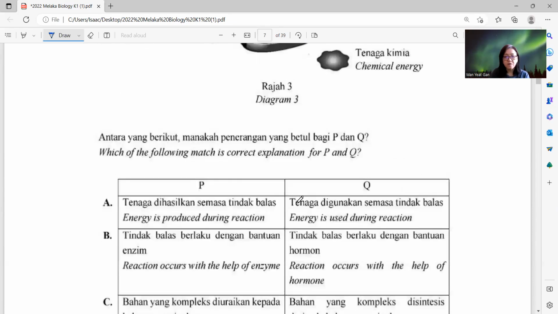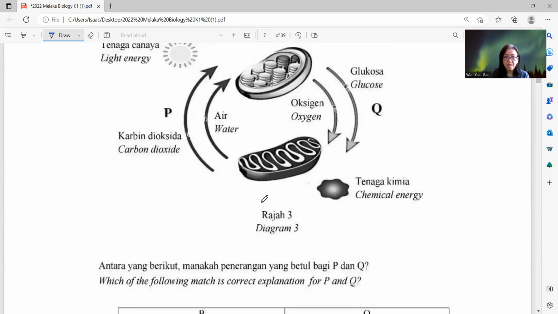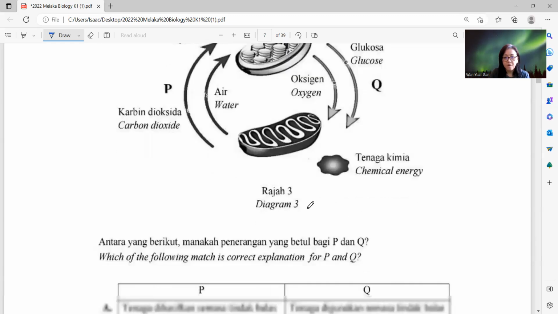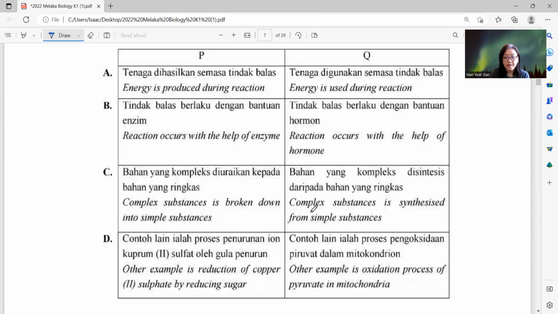All right, so that means the process of P is anabolism, and the process of Q is catabolism. So anabolism here and catabolism.